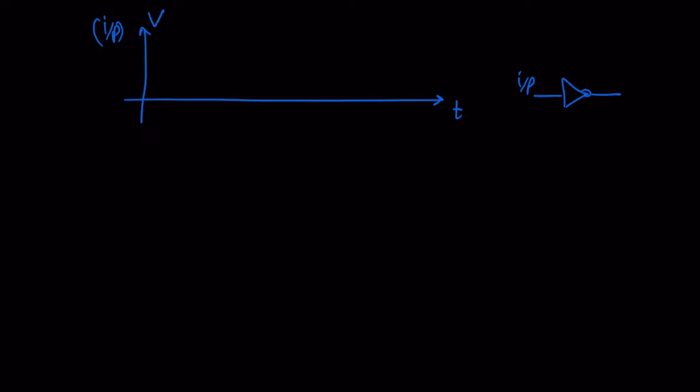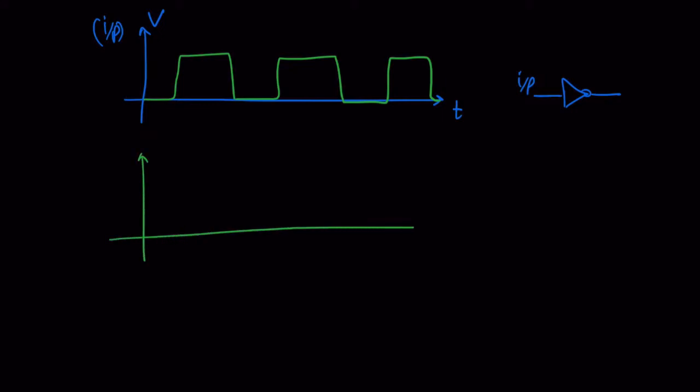We are giving a pulse to this, or maybe a repetitive clock. So the output will be something like this. Okay, so that's what we are going to perform next here.